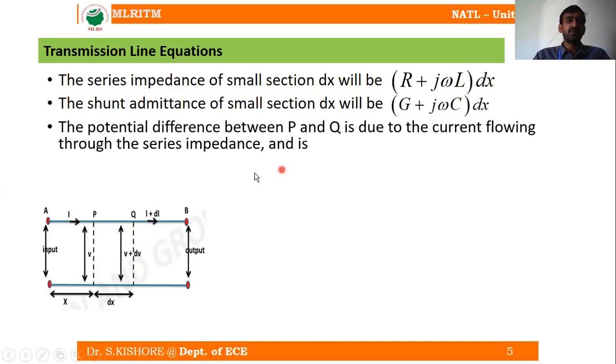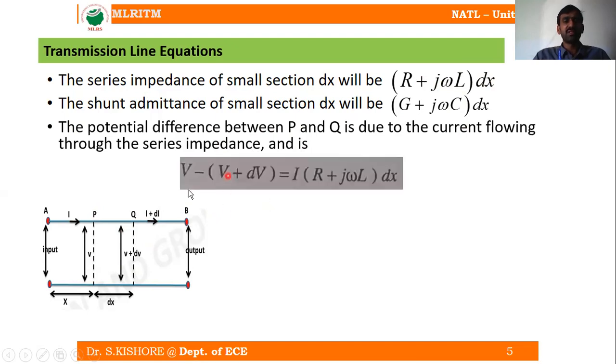dx. So with the series impedance R plus j omega L into dx, if we calculate the potential difference between P and Q, we know from Coulomb's law that for two points, say V1 and V2, the potential difference is V1 minus V2.